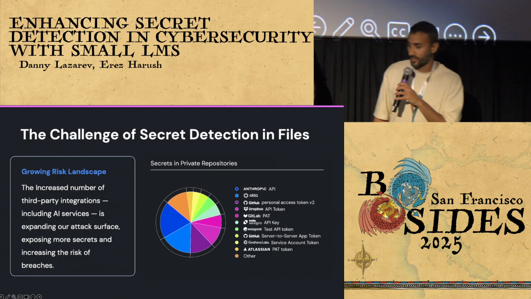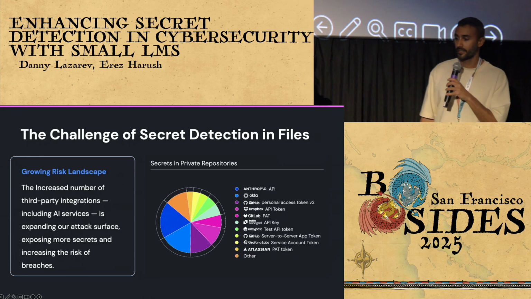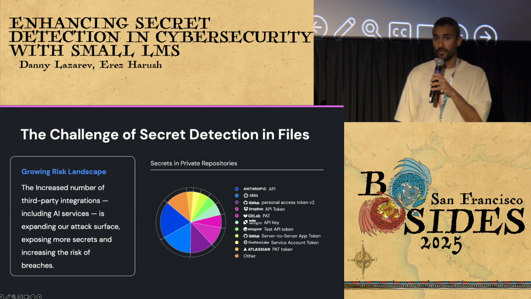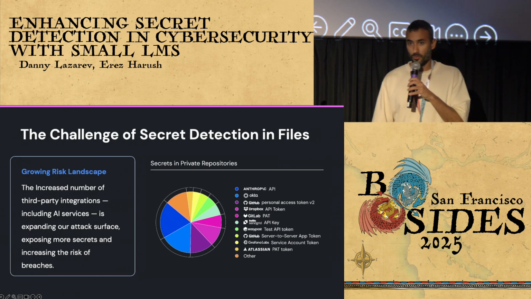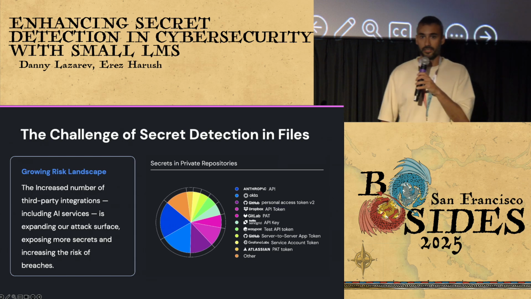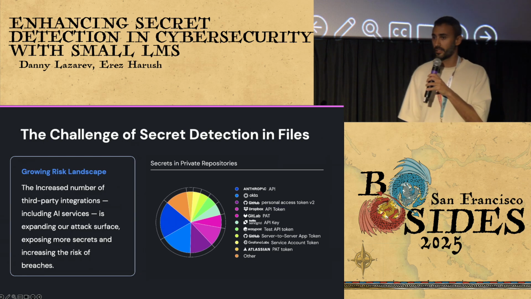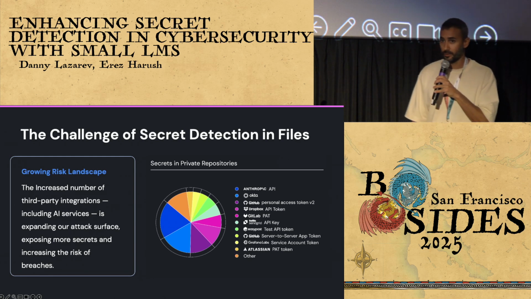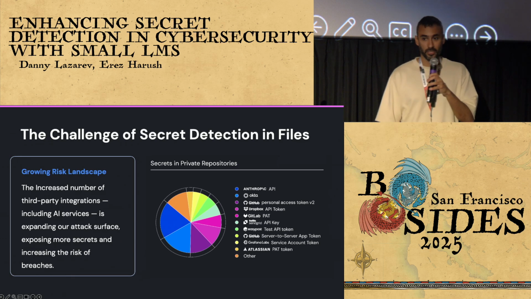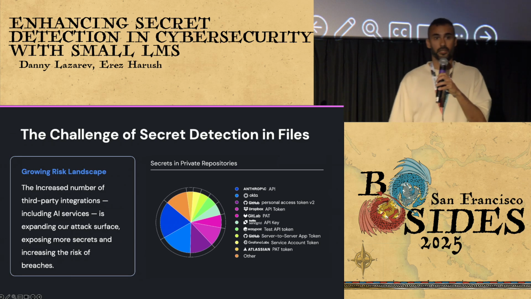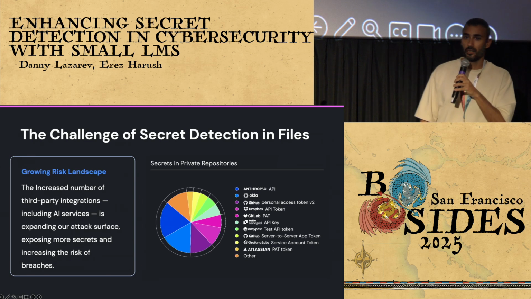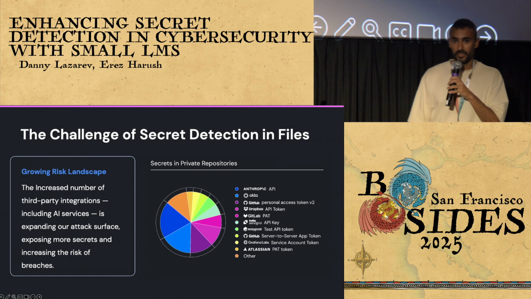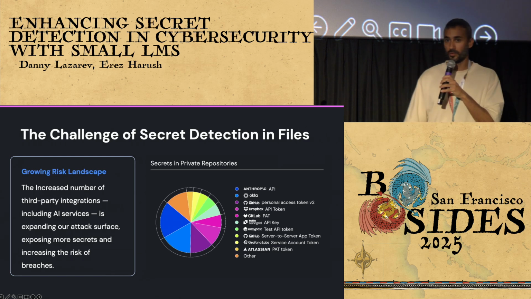So let's start by understanding the challenge of secret detection in files. We're living in a world with more and more third-party integrations, and actually there are more and more API keys, tokens and service accounts that we need in order to integrate with them. Even AI itself generates more attack surface for us. For example, look at the recent hype around MCP servers, when we want to connect our Cursor or our LLM to a lot of services, and then we need credentials to talk with these services.